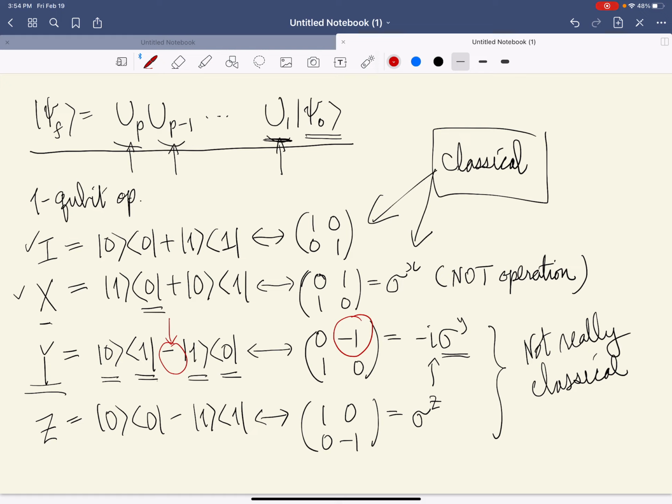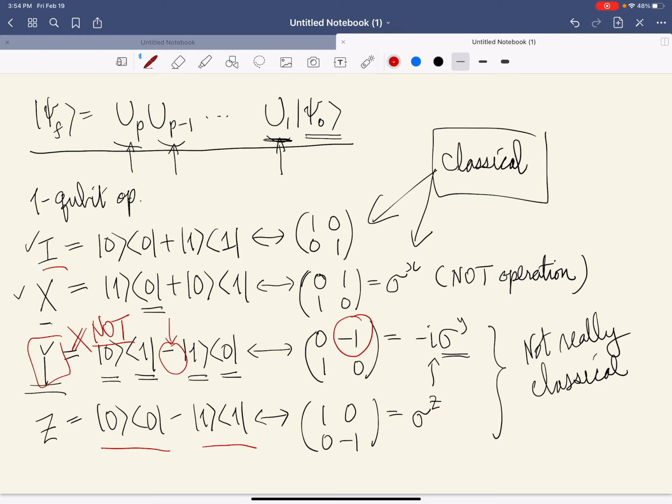Of course, this sort of sign does not have any meaning in classical systems. But in quantum systems, the sign of the wave function also matters. So that's why this operation is not the same as the conventional NOT operation. And by the same token, this is not the same as the identity.